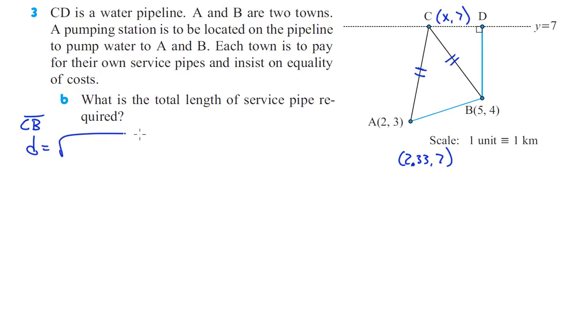So that is going to be 2.33, or 2 1/3, minus 5 squared, plus 7 minus 4 squared. So 2.33 minus 5 is 2.67 squared, and then 7 minus 4 is 3 squared.